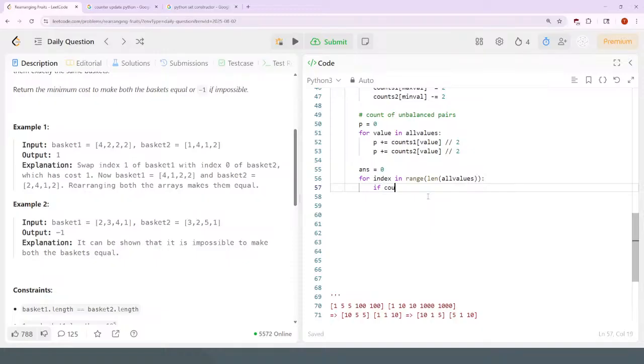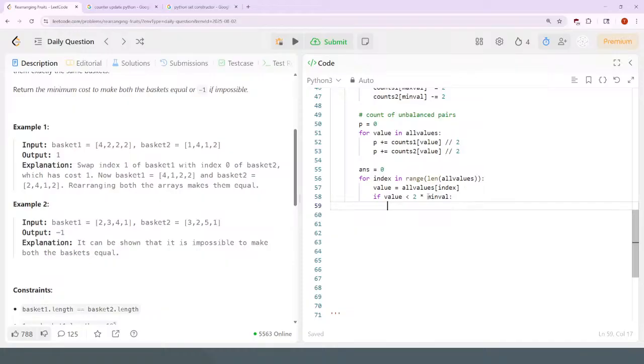If the value itself, all values at this index, is less than 2 times the min value, then I want to use it to swap.